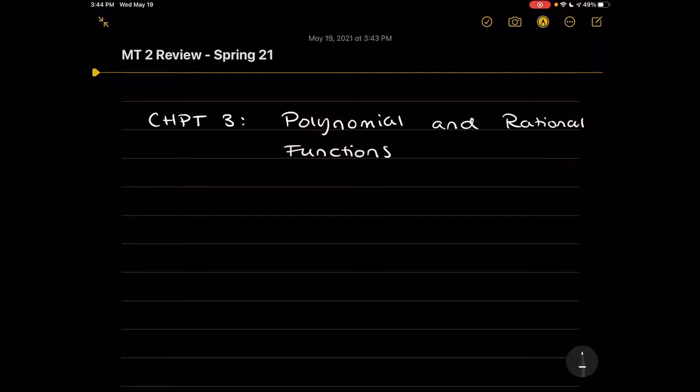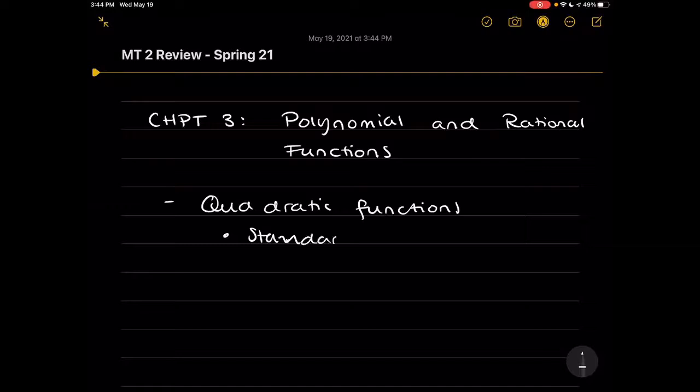And we started off that chapter by talking about quadratic functions. And in particular, we talked about standard form. And we also talked about finding vertexes, so maxes and mins.